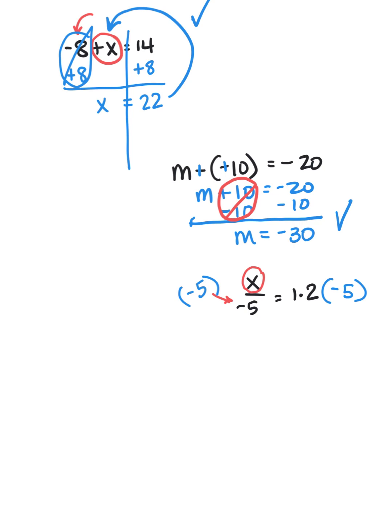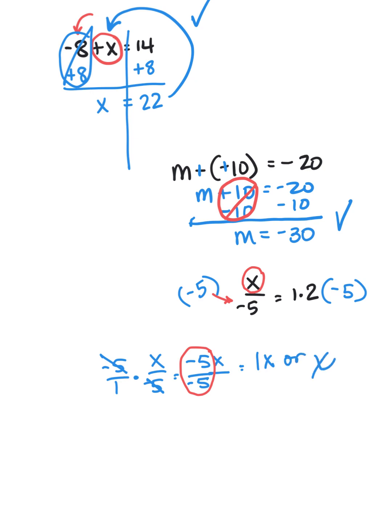Okay? So on this side, think of it this way. You're multiplying negative 5 times x over negative 5. These cancel out. Because if you multiplied straight across, you'd have negative 5 over negative 5. And any number divided by itself is 1. So this equals 1x, or we can just call it x.